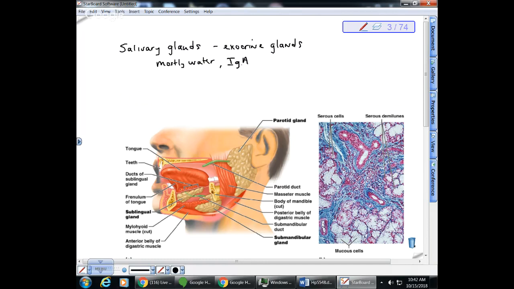What are those? Immunoglobulins. Those are antibodies, so antibodies are in your saliva. It also has lysozyme, which breaks down bacteria and is also in your sweat. And then it also has what is referred to as the epidermal growth factor.